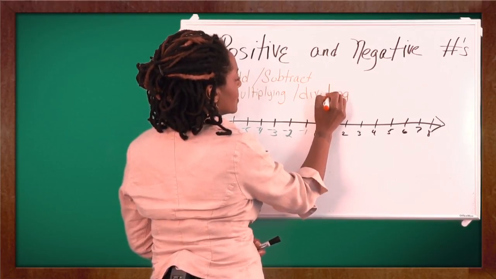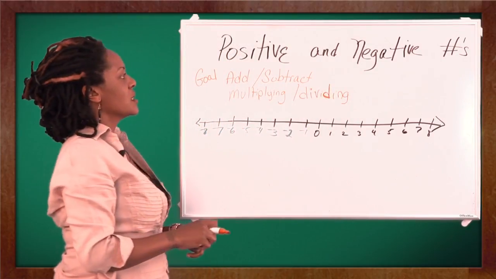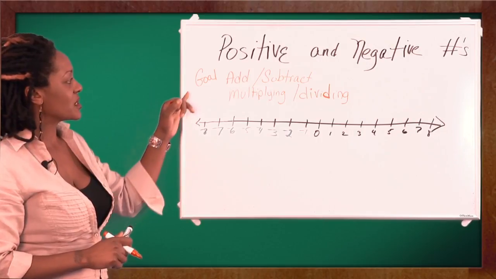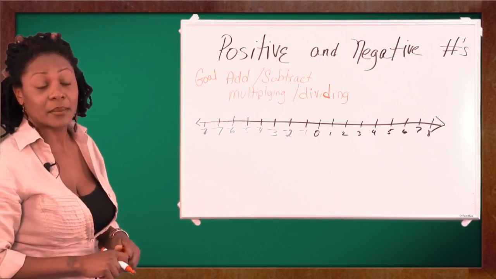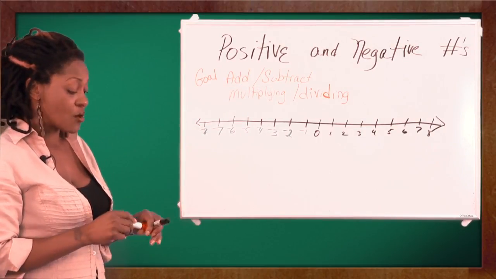Okay, so our heading, positive and negative numbers, and the goal is to add, subtract, multiply, and divide them. Now there are rules.